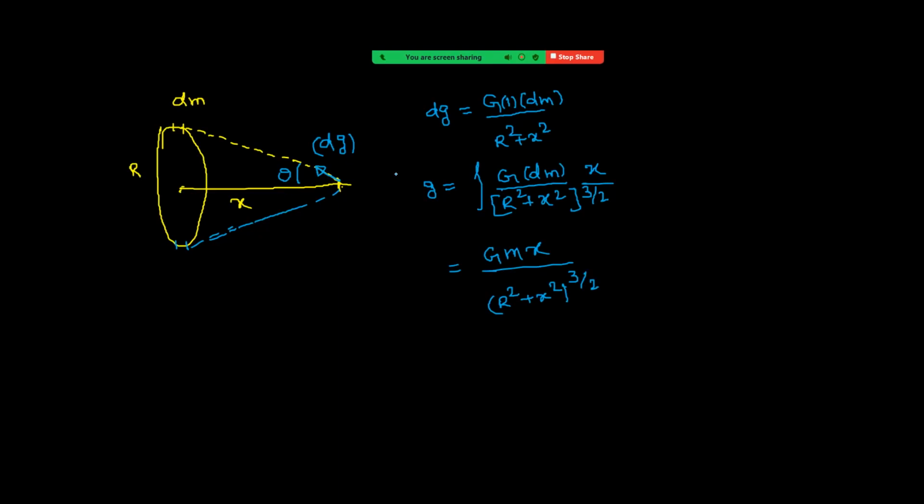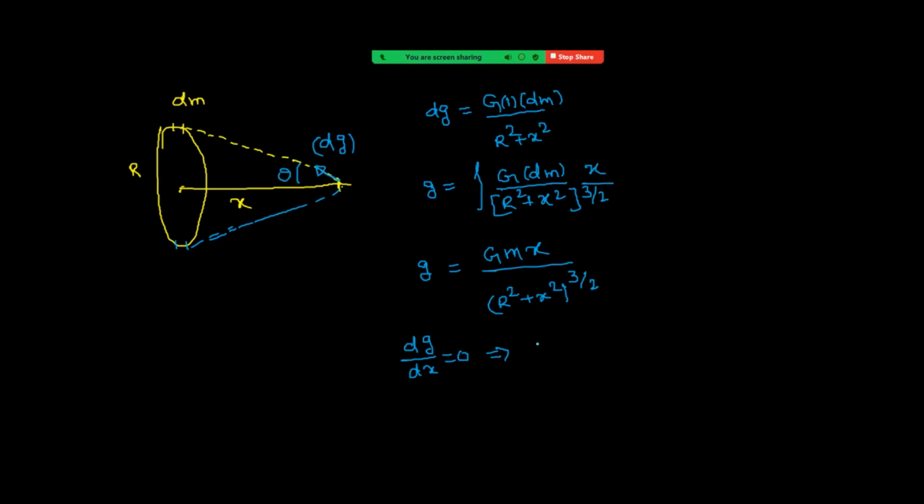And you can see here, if the x value is 0, the g value is 0. If the x value is infinity, then also the g value is 0. That means from the center to infinity, at the center it is 0, at infinity also 0. So in between, the strength will increase and become maximum, and again it will decrease. So if you want to know for what value of x g becomes maximum, then we have to differentiate that with respect to the variable and make it equal to 0.